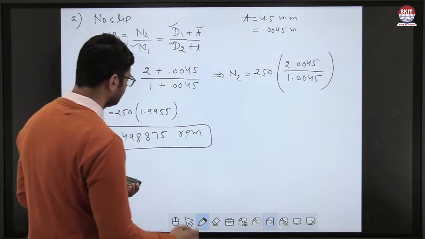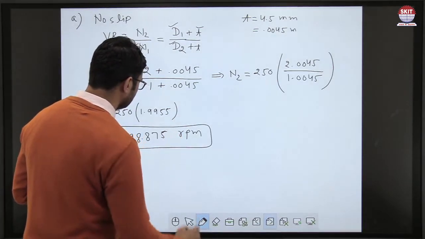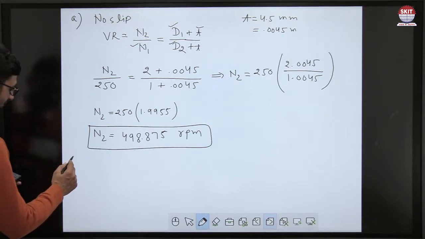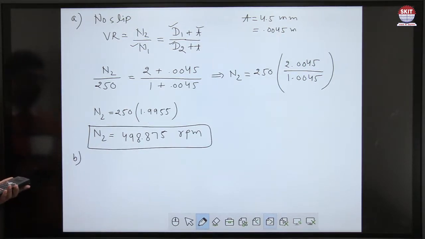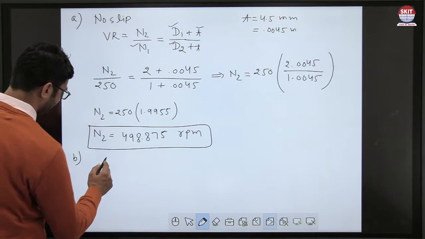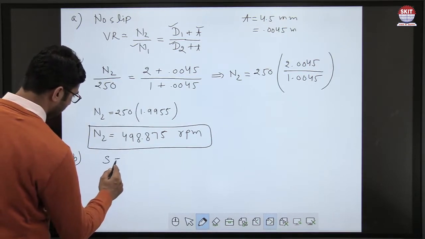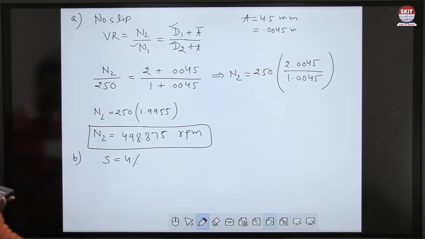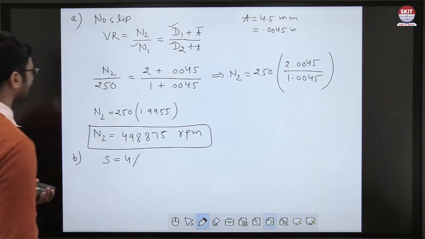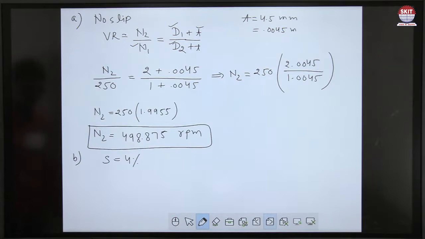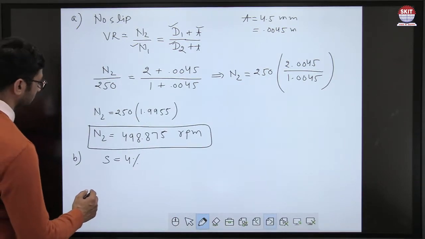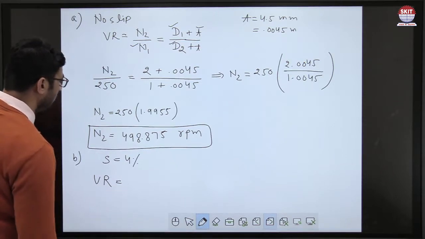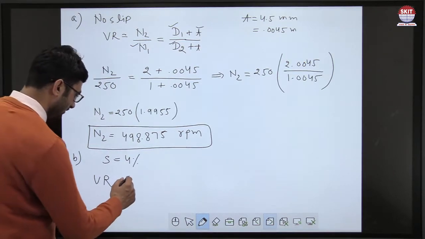Okay. In case B, there is slip of 4%, S equal to 4% total slip. Now put in the formula for velocity ratio when slip is present.